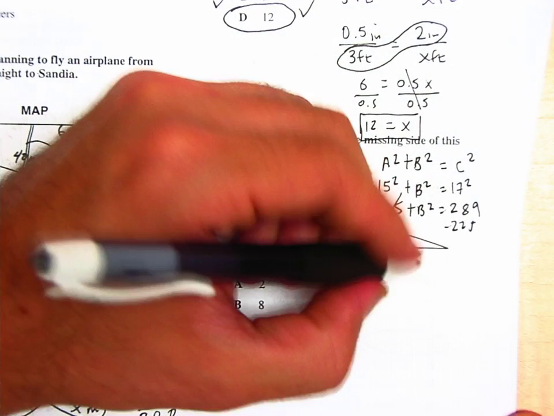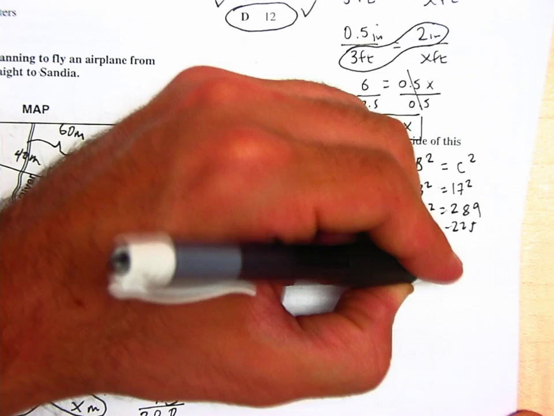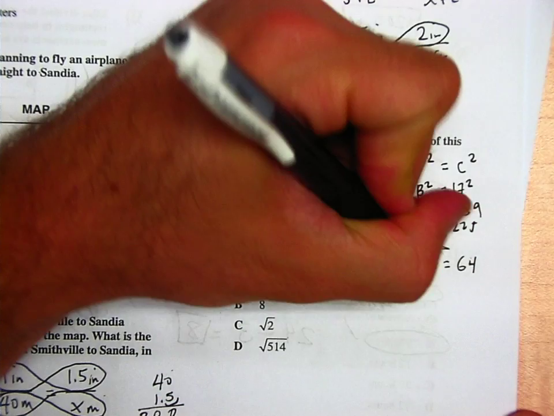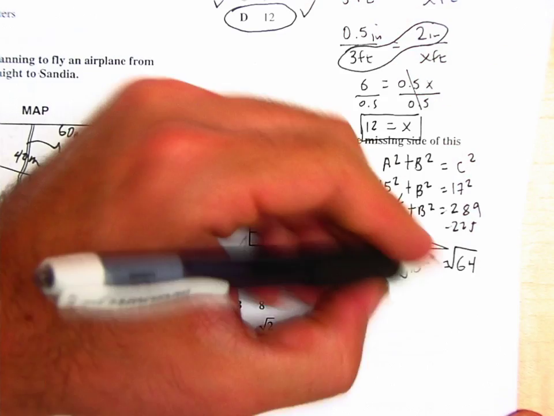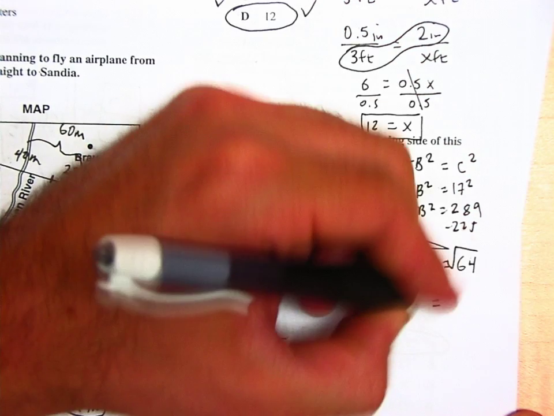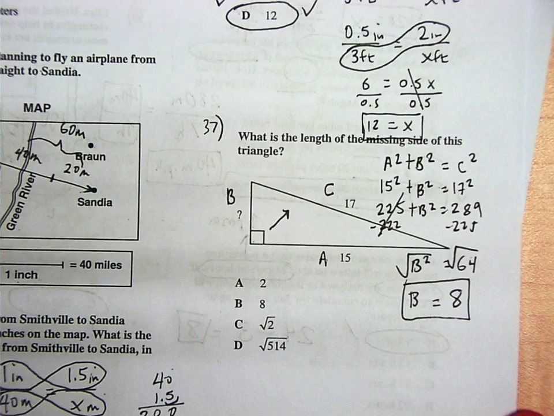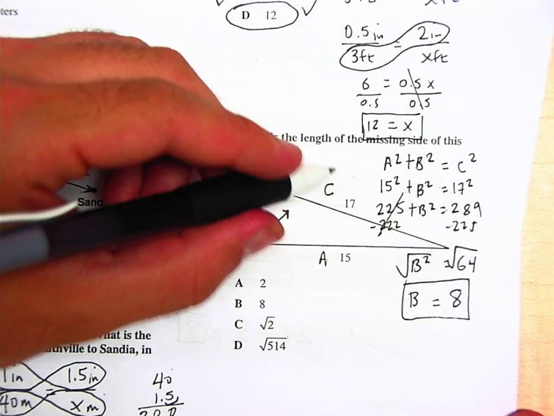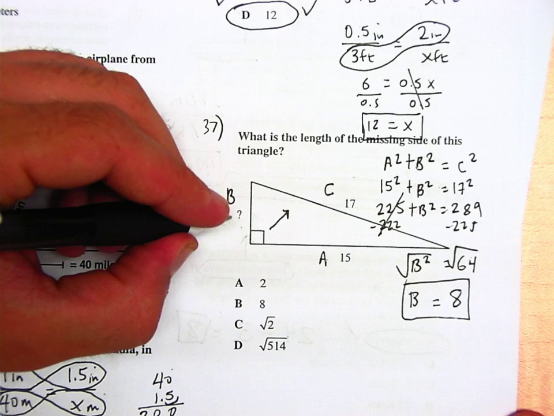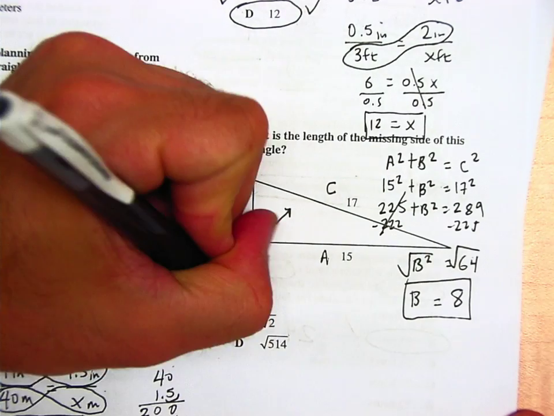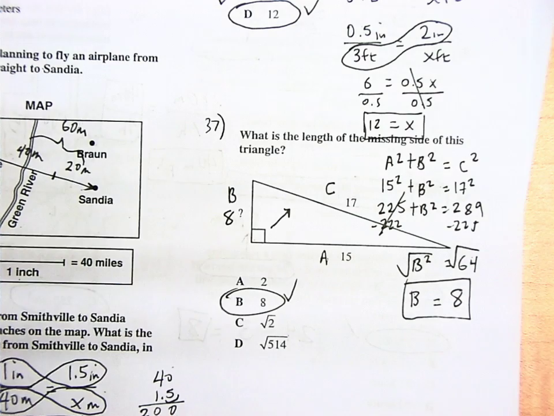And I have these cancel out. B squared is equal to 64. To solve it, I find the square root of both sides. And square root of B squared is B. Square root of 64 is 8. And so if A is 15 and the hypotenuse is 17, I can see that missing side is a length of 8, which is answer choice B.